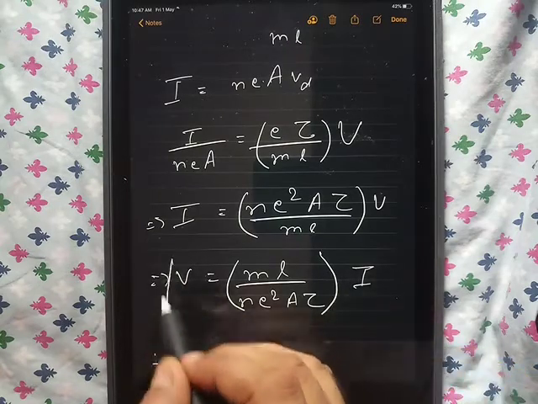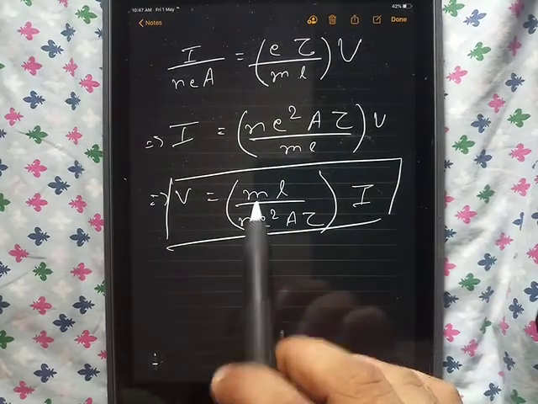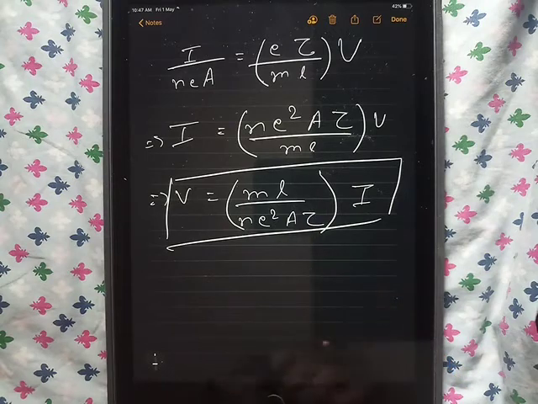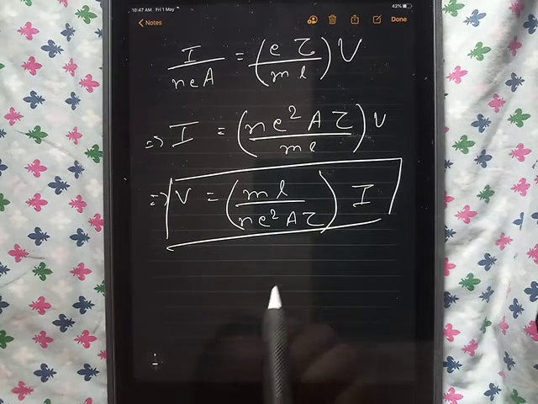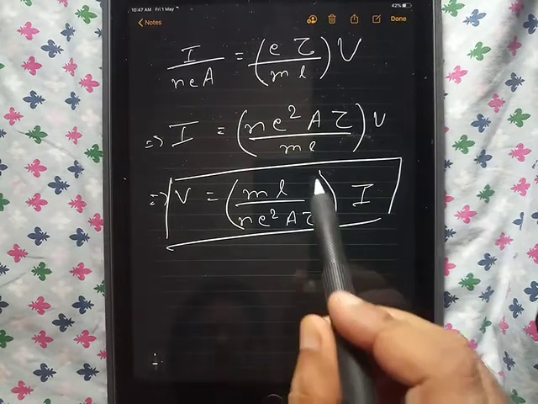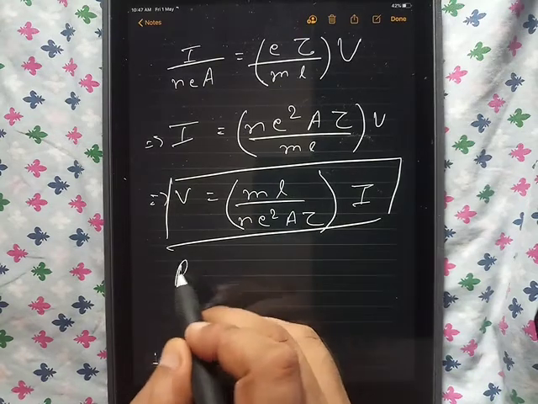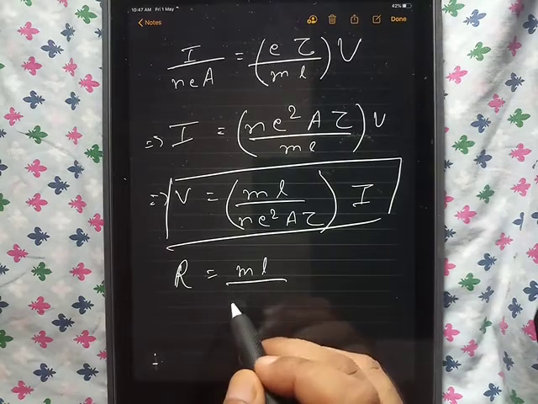If you see it carefully, for a given conductor, m is the mass of electron, which is a constant, L is the length of the given conductor, which is obviously a constant, N is the number density, E is the charge on electron, A is the area of cross section, and tau is the relaxation time. So for a given conductor, this whole term in the bracket is a constant, and this constant is called resistance.